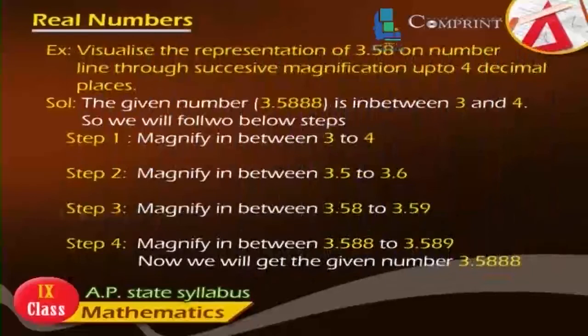Example: visualize the representation of 3.5888... (3.58 bar) on the number line through successive magnification up to 4 decimal places. Solution: the given number 3.5888 is in between 3 and 4. So, we will follow the steps below.